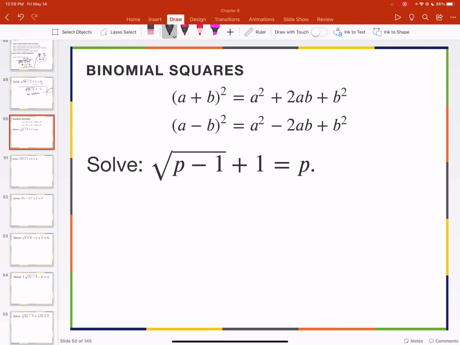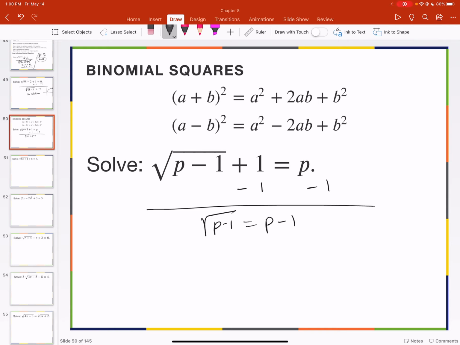One thing that would help you to do these types of problems is to remember binomial squares. So let's say here we're isolating: the square root of p minus 1 is equal to p minus 1. How do we get rid of the radical? So square both sides. On the left-hand side, you get p minus 1.